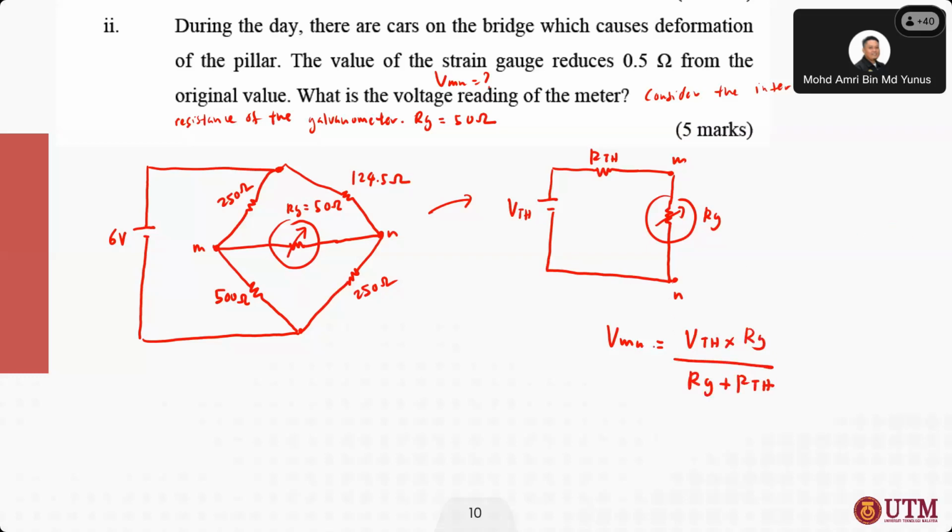But prior to getting this solution, we need to estimate the equivalent Thevenin resistance seen from between M and N node, and also the Thevenin voltage seen from point M and N. Okay, let's start with finding the RTH.